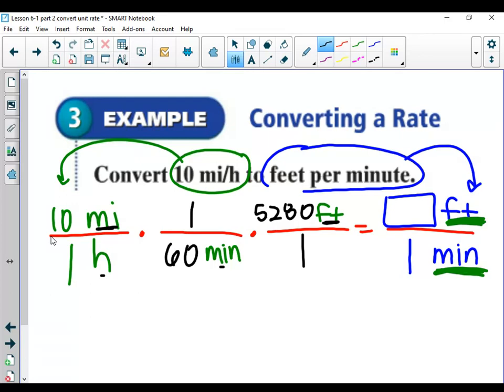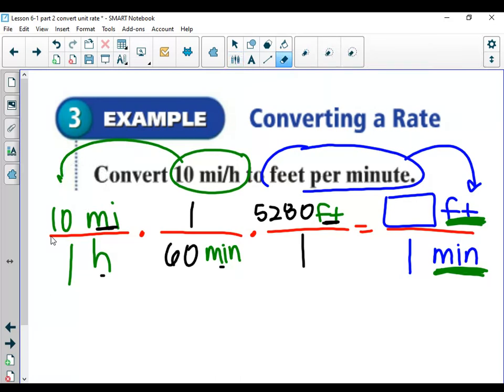So now I am finally ready to multiply straight across. Or simplify first since we are multiplying. What could I simplify? Oh, 10 and 60. Don't want to do that? No problem.